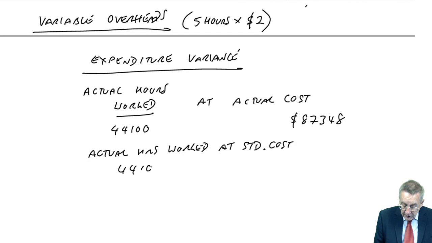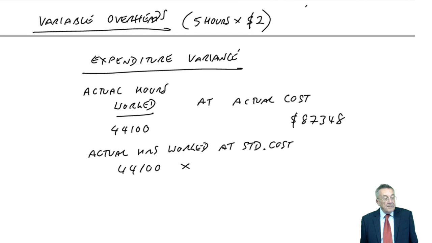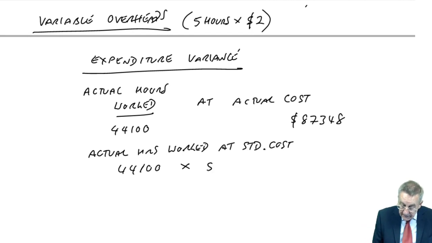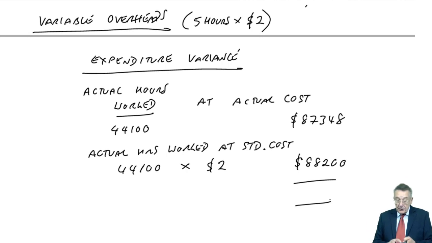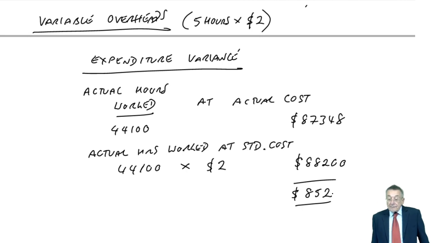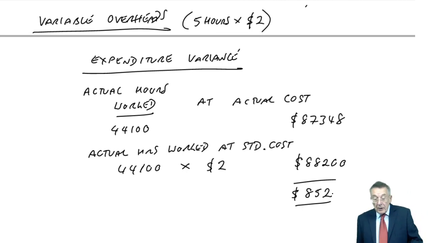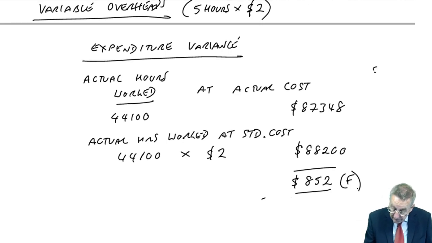So 44,100 hours was what they worked. That's how many hours of overheads we were using. The overhead should have been incurred at $2 an hour, so 88,200. The difference, the variance, 88,200 minus 87,348 is 852. And we were paying a bit less than we expected. It's therefore a favourable variance.